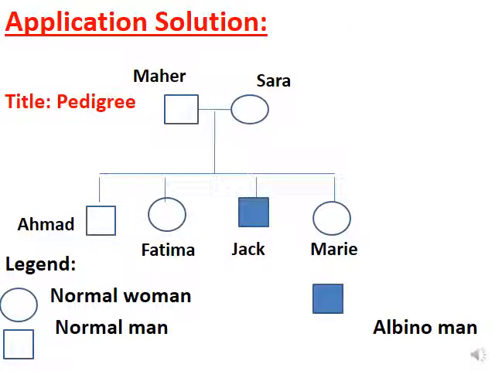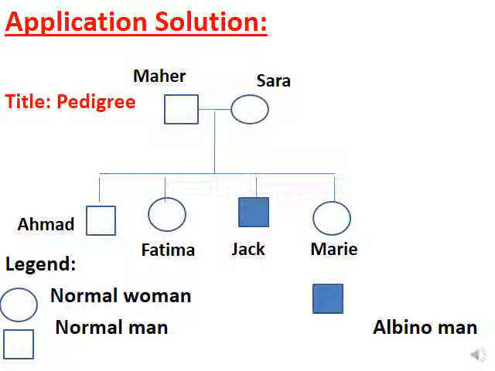So this is the pedigree. Always and always, this pedigree is going to be like this. Maher and Sarah marry and they gave birth to Ahmad, Fatima, Mary, and Jack. You have to give the legend here. The legend is the white circle for the normal woman, the white square for the normal man.